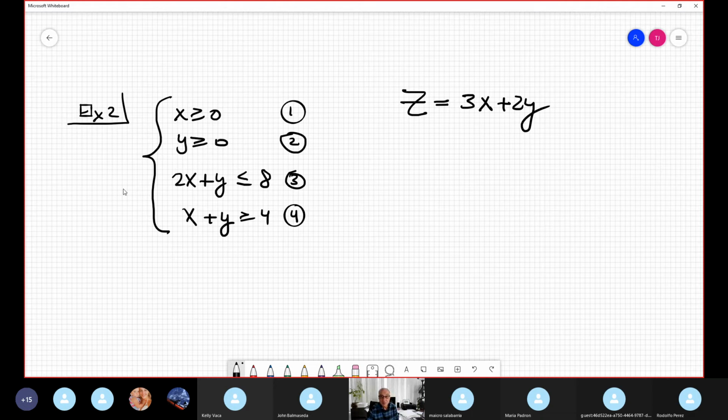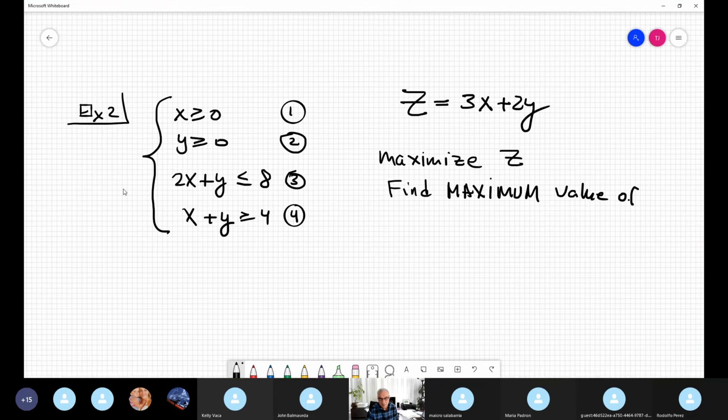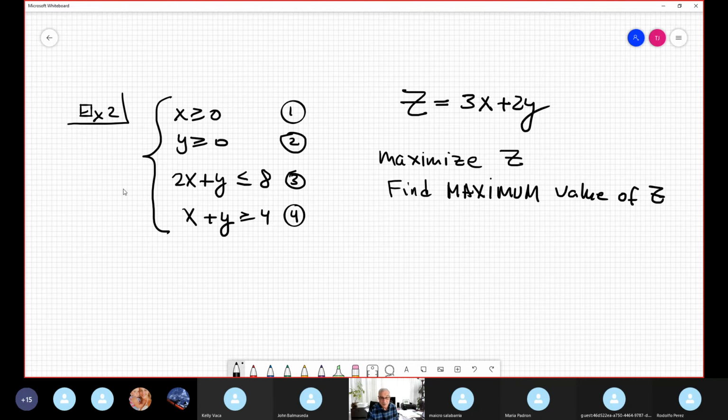So we need to maximize C. In other words, find the maximum value of C inside this feasible region. It's a technical name, feasible region. It's a region bounded by this.